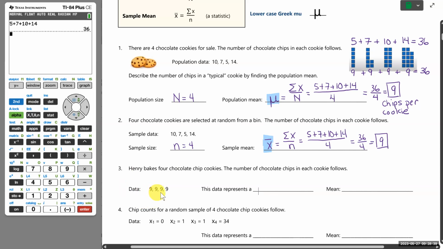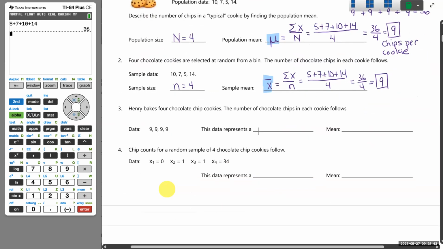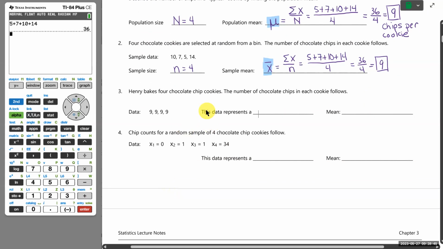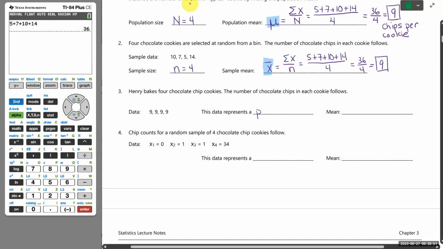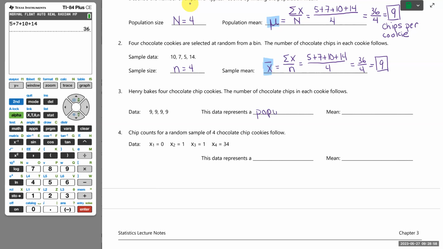Every one of his cookies has 9 chocolate chips. So as we're focusing here on symbols, you'll ask yourself, do you have population data or sample data? And in this case, it's the 4 cookies he baked. So if it doesn't mention sample or random selection, we always assume we're talking about the entire population, all the cookies he made.